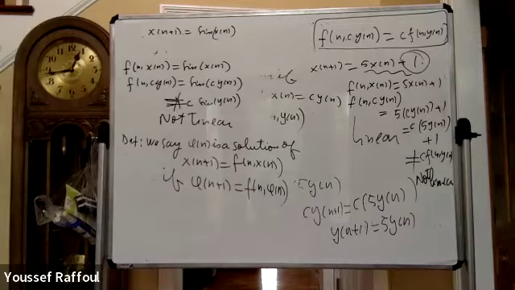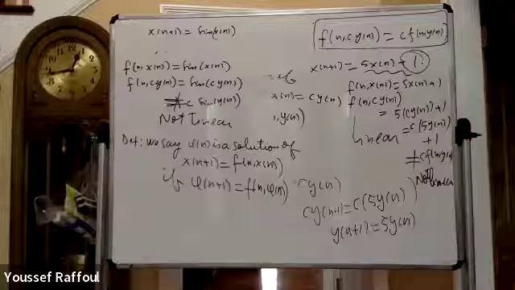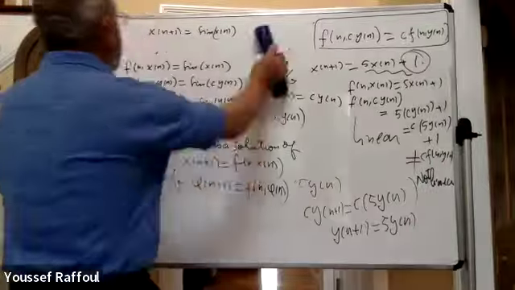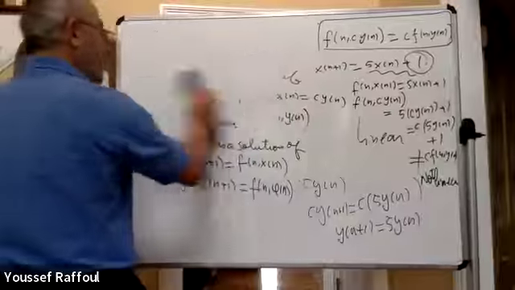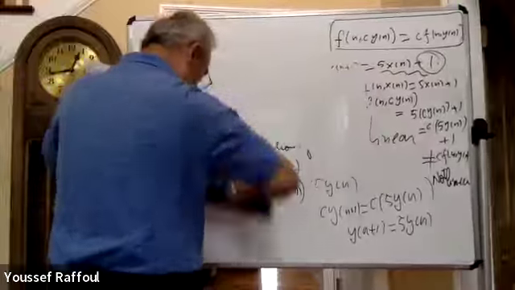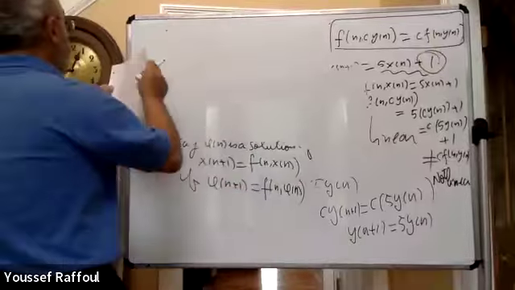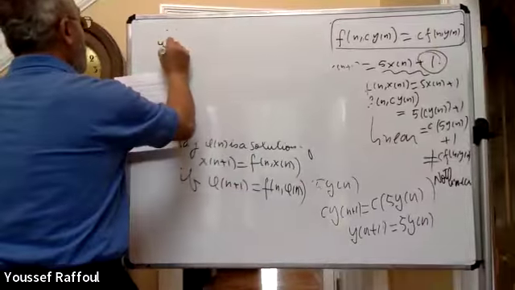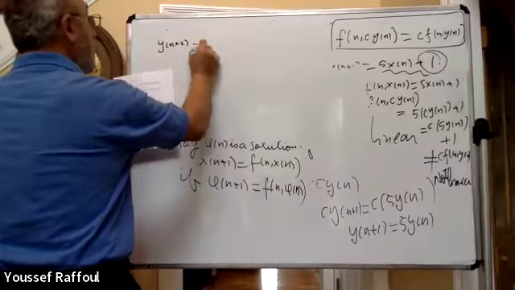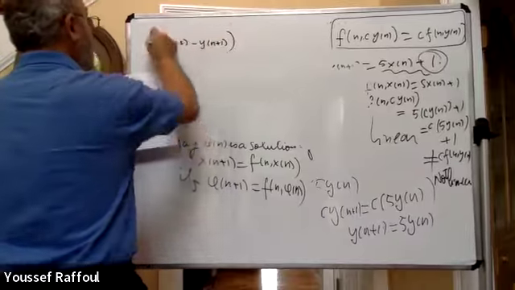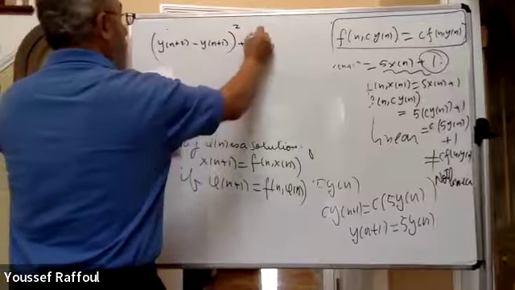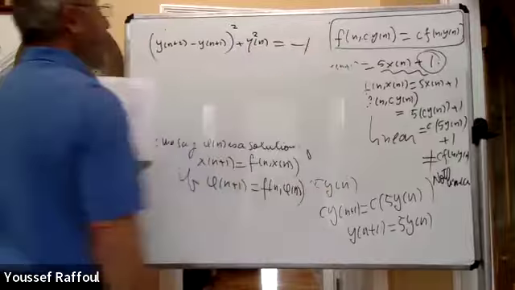I'm just looking at my notes to give you an example here. You can see, for example, y n plus 2 minus y n plus 1 squared plus y n squared equals minus 1.